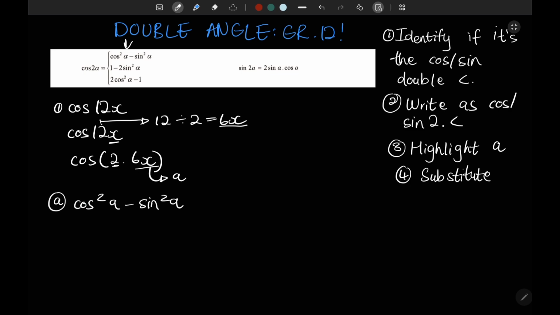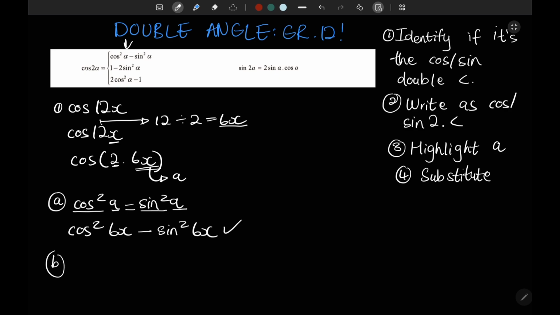We'll start with cos squared, then substitute your alpha. What is your alpha? It's 6x. So this is cos squared 6x minus sine squared alpha. What is your alpha? 6x. That is how you substitute the first option.